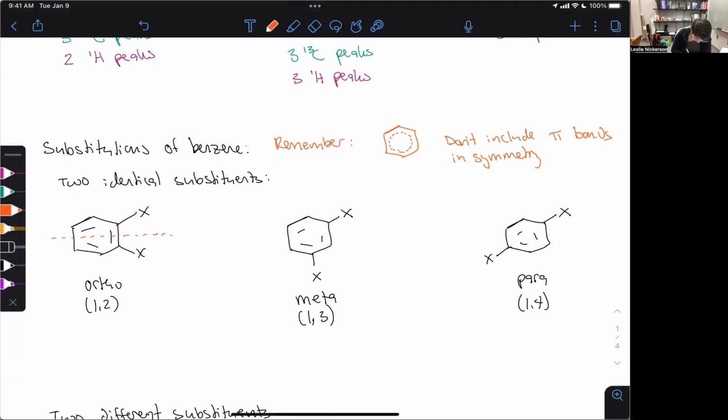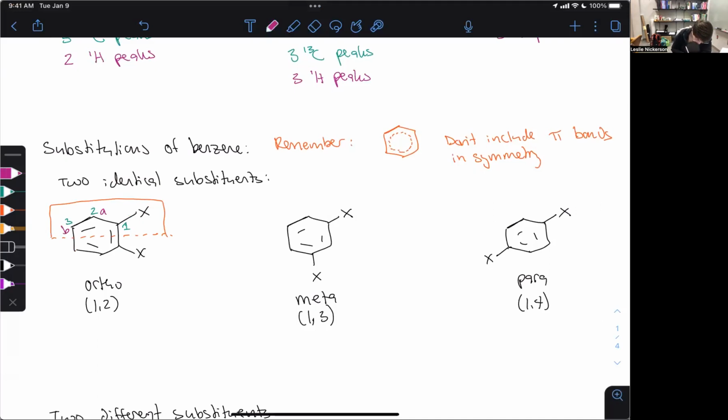So let's go ahead and make our little box. Now we basically just count all the carbons and all the protons that are in that box. For my carbon, we're going to see 1, 2, 3. And then for proton, A and B. So we're just counting everything that's in that box.